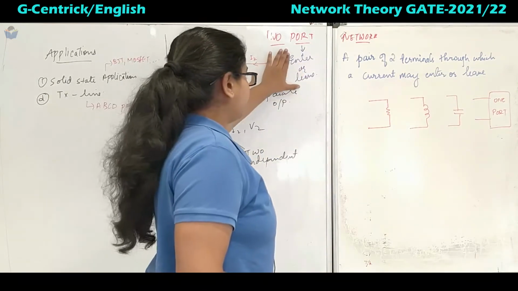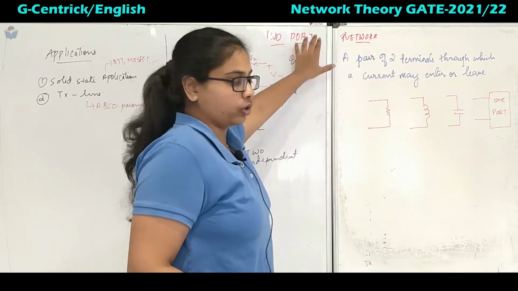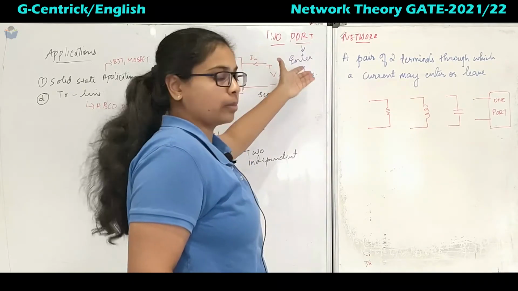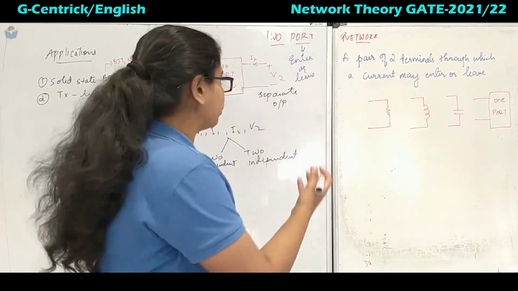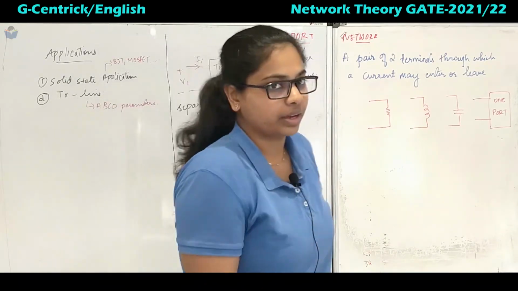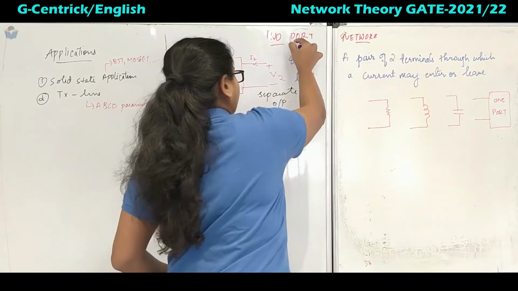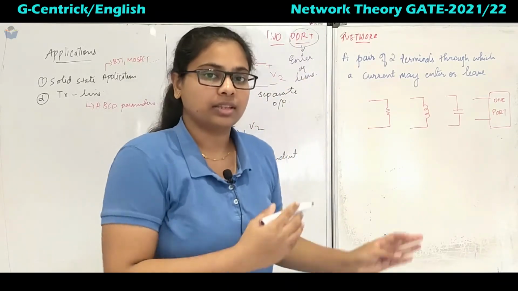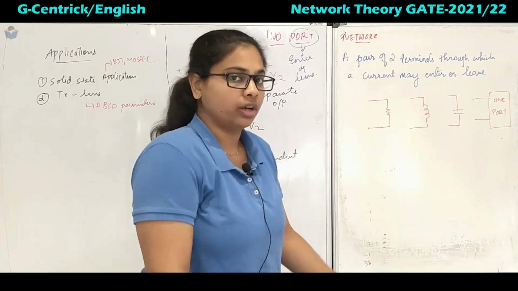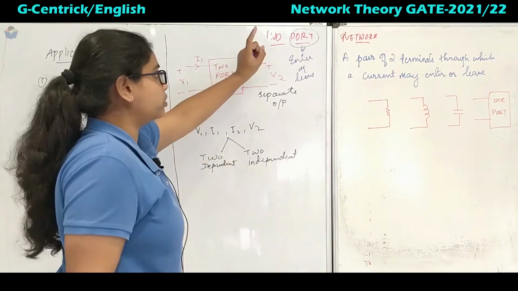This is like a gateway, where some quantity can enter and some quantity can leave. For example, we can take airport or transport. At the last we get this port term. That means there is something of arrival and something of departure. So that is the meaning of this port.